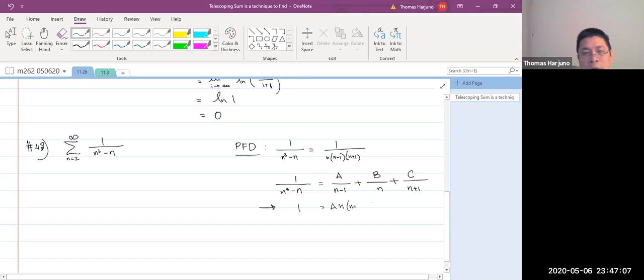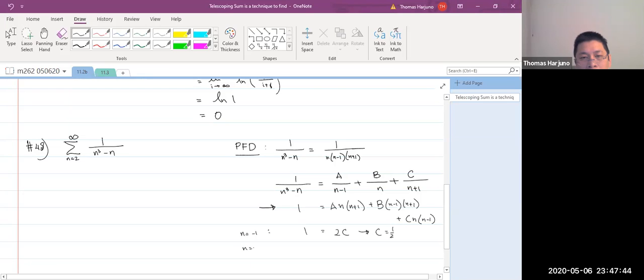You can use x if you like, but of course you need to rewrite it first. This is A times (n plus 1), plus B times n, plus C times (n minus 1). So when n equals -1, this is 0, this is 0, that's 2C. So C equals 1/2.